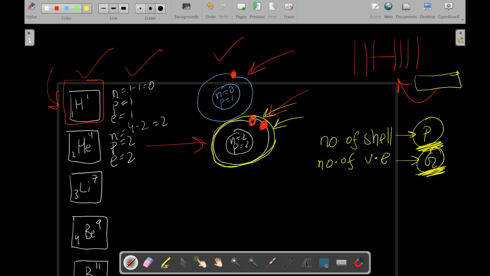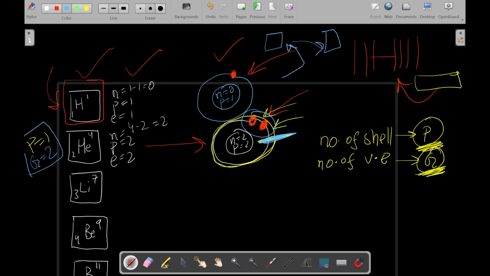Now, by looking at the periodic table, you will see that helium has period 1 because it only has this one shell, whereas its group is going to be 2. Now, you will see that hydrogen and helium are a bit different from the technique which I'm trying to explain to you, because they are special cases.